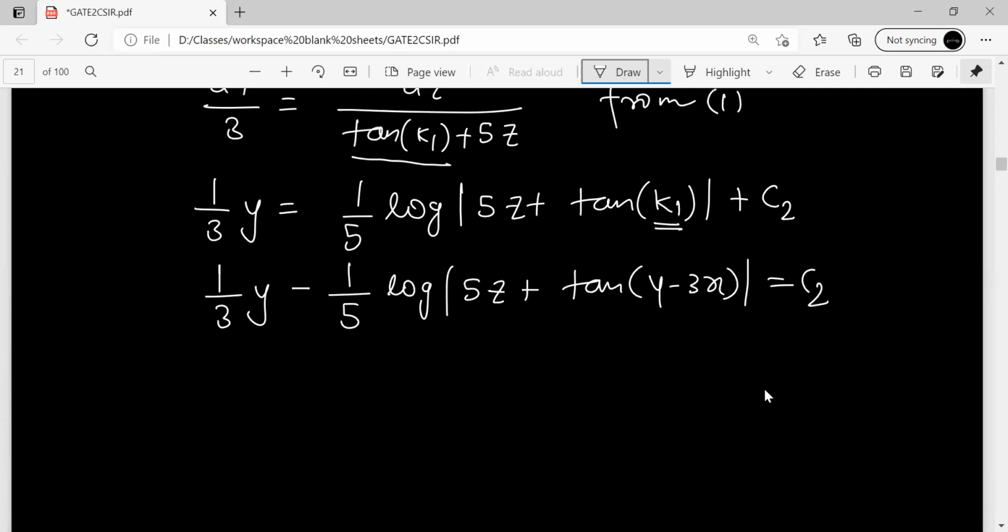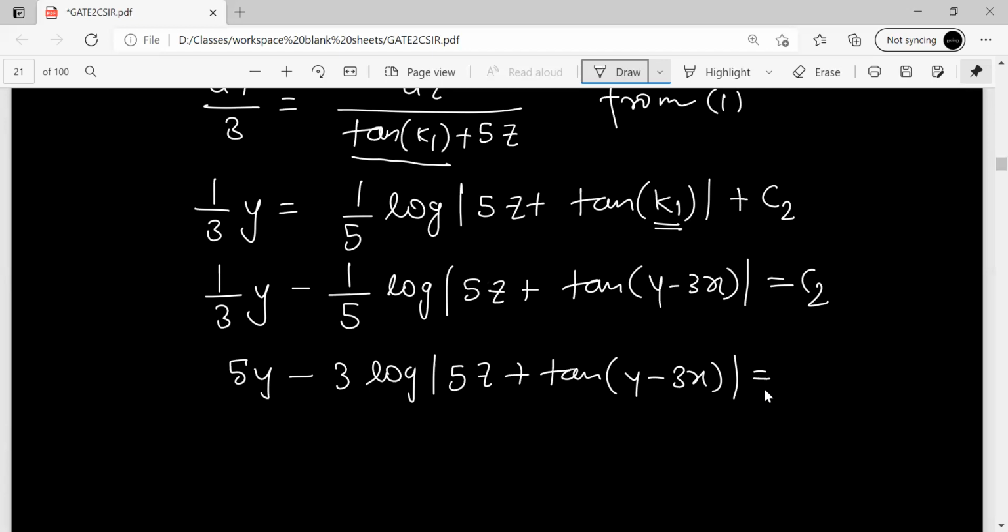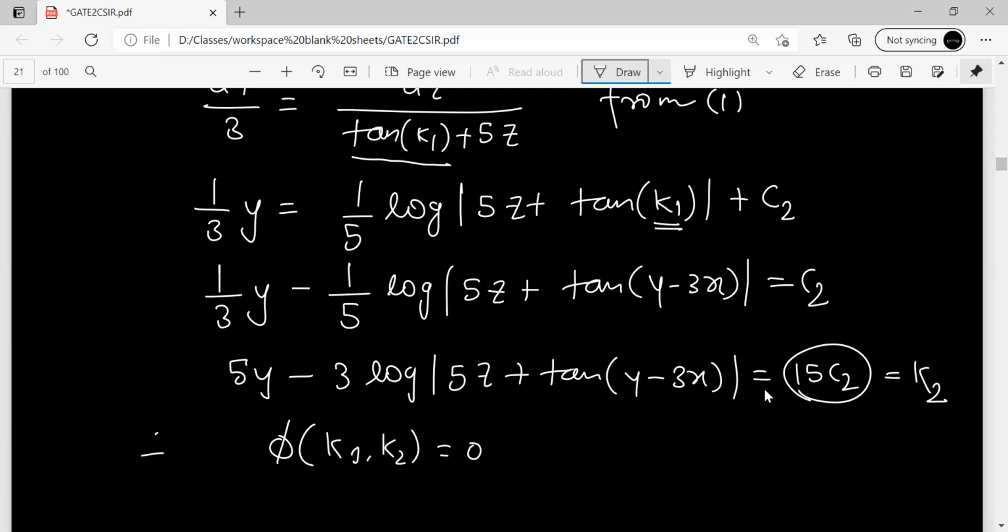Or you can multiply by 15 here. So you get 5y minus 3 times log of 5z plus tan of y minus 3x equal to 15c2, and I'll name it another constant, say k2. So therefore phi of k1 and k2 equal to 0.